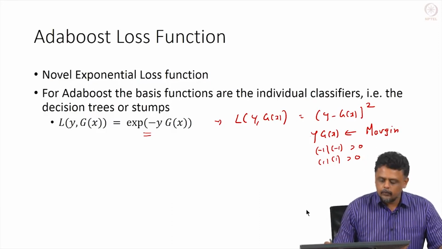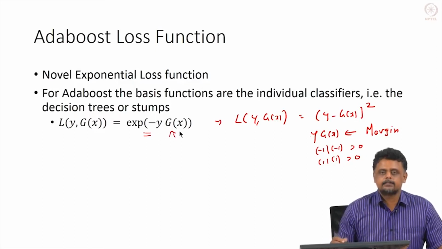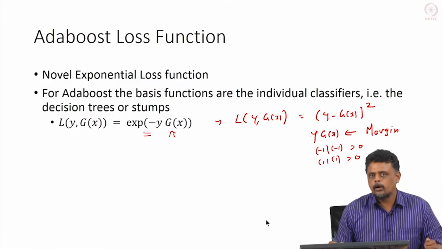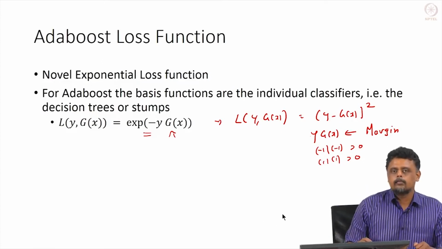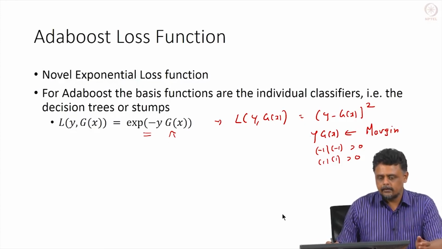That is what we look at. So, when you introduce this exponential function as the loss function in order to solve your additive model, again to recall, AdaBoost comes under this additive modeling.